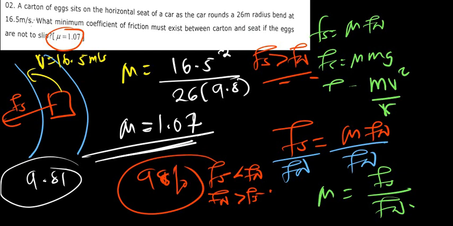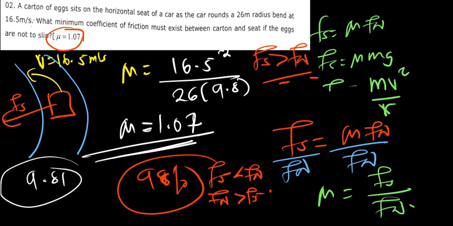Okay, so I said in a case where the normal force is less than the friction force, then the coefficient of friction is going to be greater than 1. In other words, if the friction force, in this case we're talking about static friction, is greater than the normal force, then definitely the coefficient of friction is going to be greater than 1.